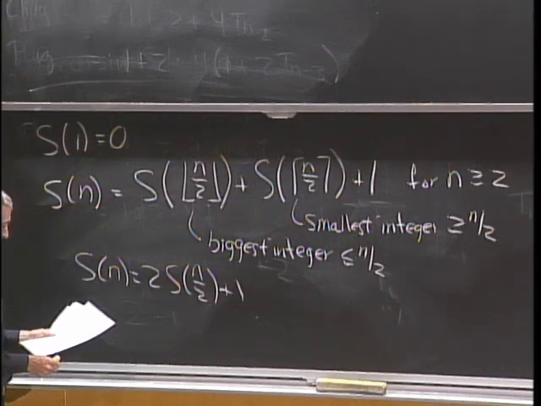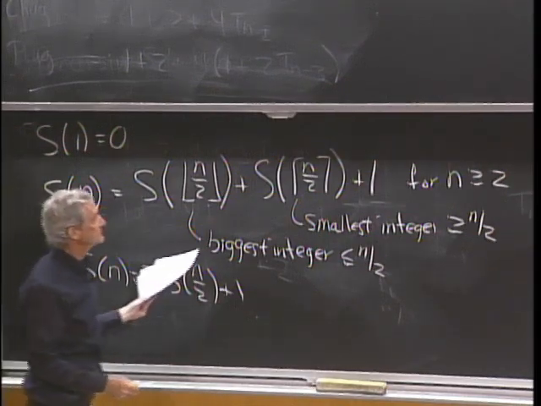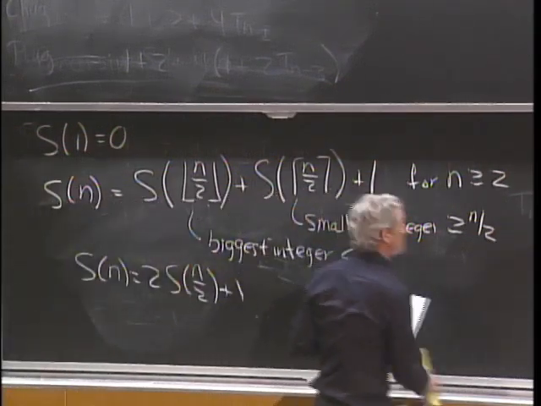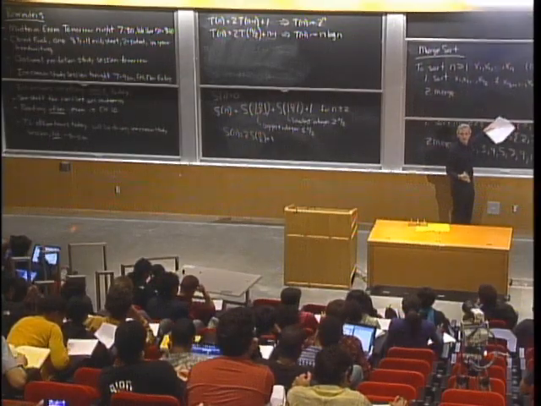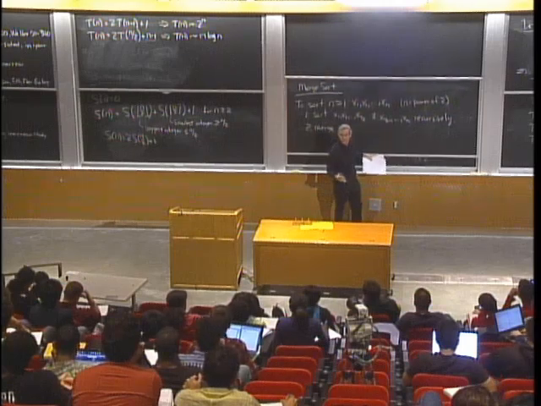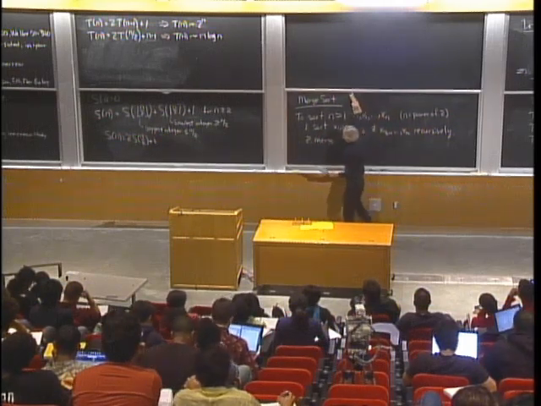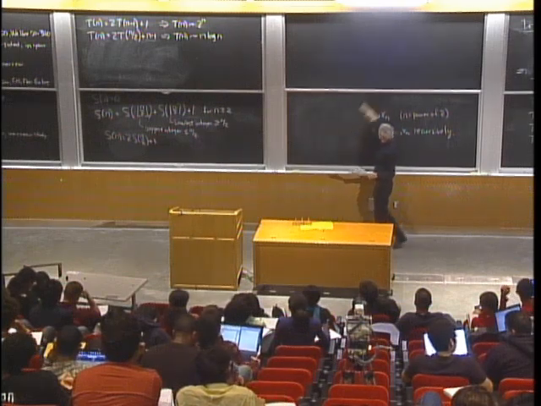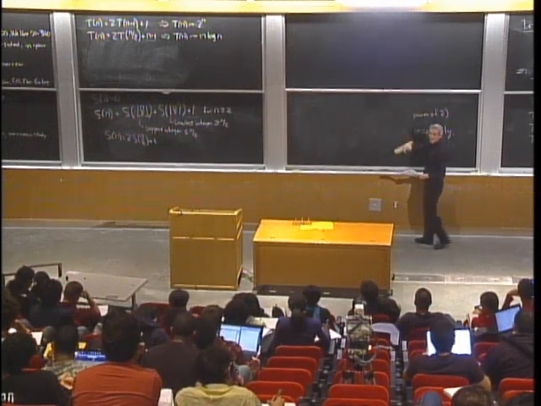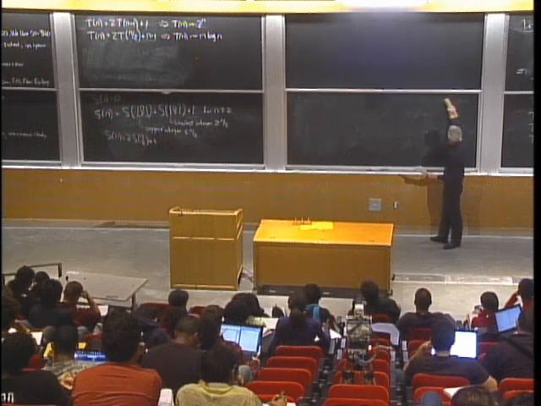All right, let's see if we can solve this. What's the first thing to try to solve this? What's the first step when you get a recurrence? What method should you try?